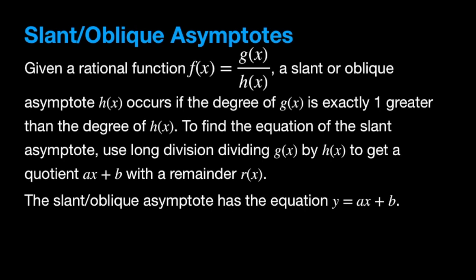That's the only way that you can find an oblique asymptote. And to find it, we are going to divide the numerator by the denominator using long division. When you do long division, you're going to get a linear equation, and that's going to be your oblique asymptote. We don't care about the remainder.